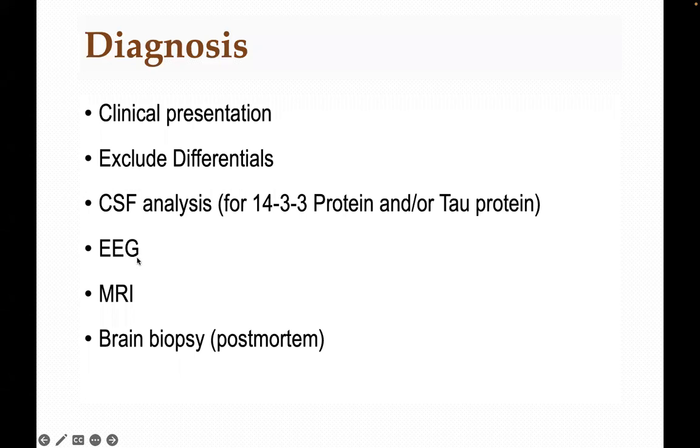Of course, you expect that because the neurons are dying, you'll definitely see the deficiency in brain activity. Then you can use MRI to visualize how the brain looks. And with brain biopsy, or during postmortem, you can see the pathologic conditions that this prion disease has caused, and you'll see the spongiform formation in postmortem.